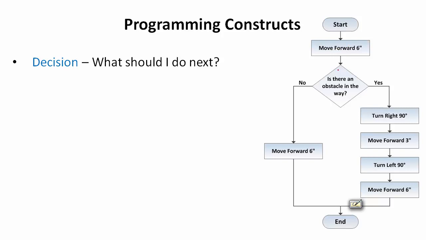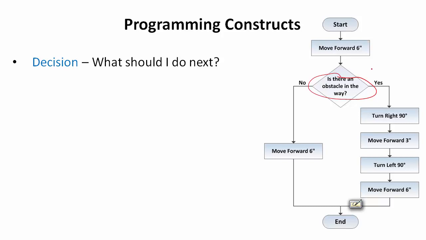Then a decision is where you ask, is something happening? Is there a condition? For this example, let's say, is there an obstacle in the way? The interesting thing about a decision is that it always has a logical answer, either yes or no.